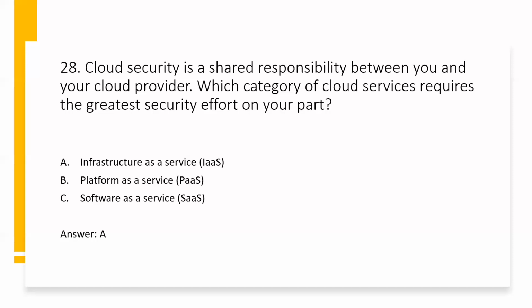When you choose infrastructure as a service, you have more control over the underlying hardware. So we have more responsibilities compared to the other two services. So option A is the right answer.